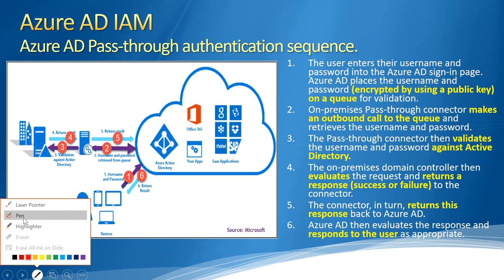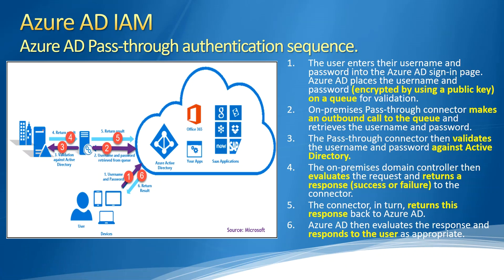Okay. So what you see over here on the left side is your on-prem, where we have our domain controller. So your end user identity is basically sitting at the domain controller level here.